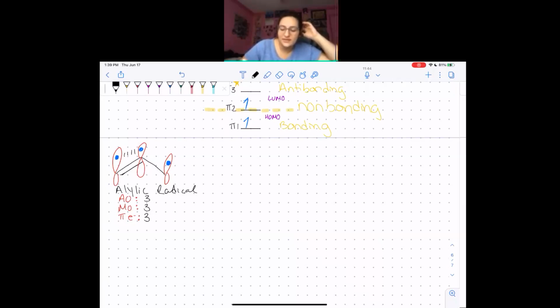So cation is empty orbital. Radical has 1 electron. So now we have 1, 2, 3. Okay, cool. And just like we did with the last one, we got pi 1, pi 2, pi 3. So, based on what we just talked about, pi 1 is going to be what type of orbital?